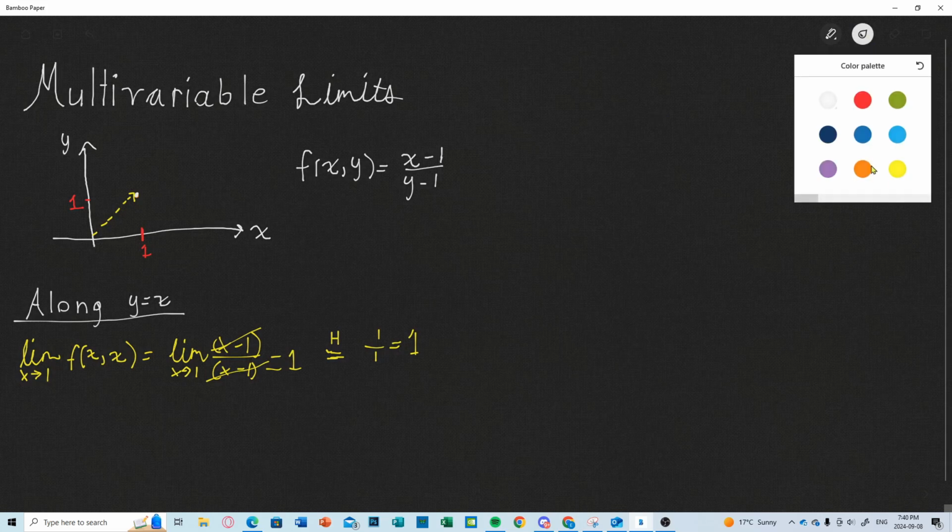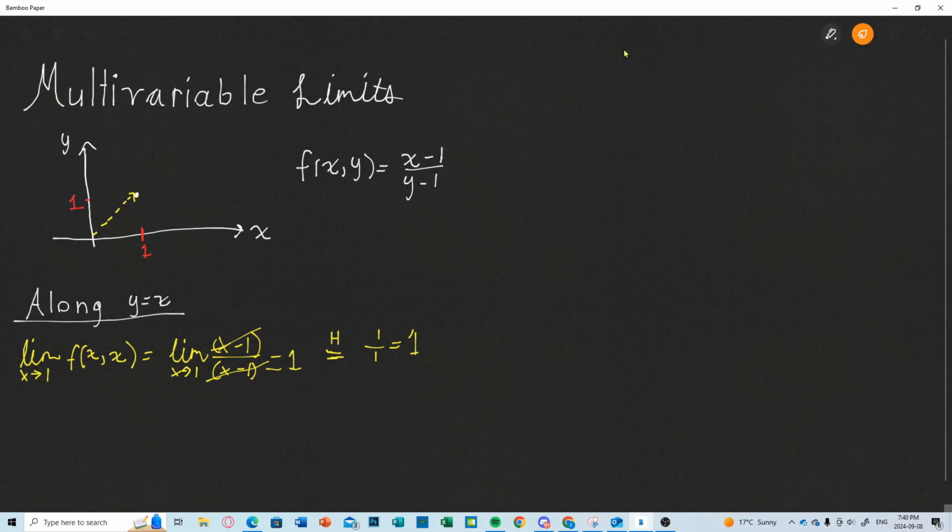But what if we wanted to do it a different way? Another way that we could get to (1, 1) is by the quadratic. So we could say y is equal to x squared, because we will have this curve right here, which also gets us to (1, 1). So our new path is going to go along y equals x squared.